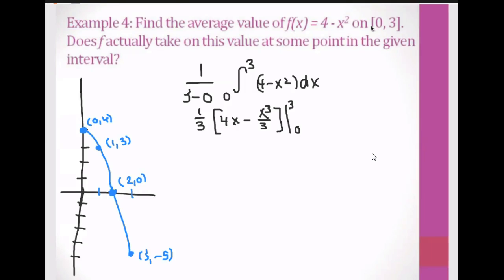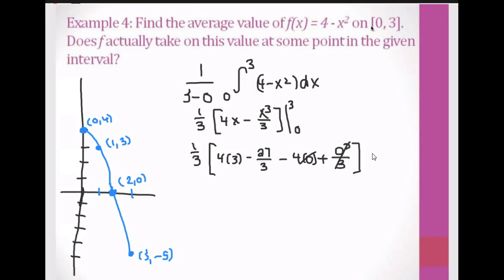So you get 1/3, plugging in 3. So you have 4 times 3 minus 3 cubed, which is 27, divided by 3. Minus 4 times 0, and then that negative would technically distribute, so you'd get 0 cubed over 3, but we know anything times 0 or 0 divided by anything is 0.